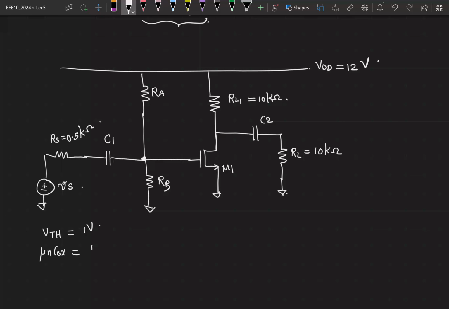Mu n COX is 100 microampere per volt square. W by L is equal to 10.